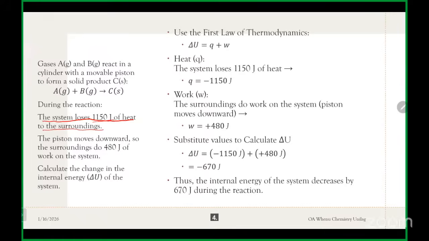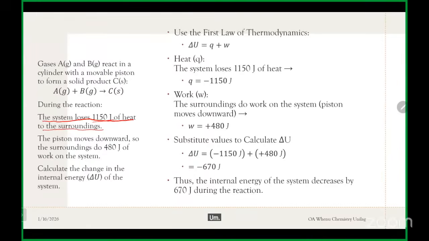I'm going to let you figure that one out, Isaac. There's no general way. You have to look at the question before you conclude. It's an experiment. Yes, so if the system loses heat, it's an exothermic reaction.